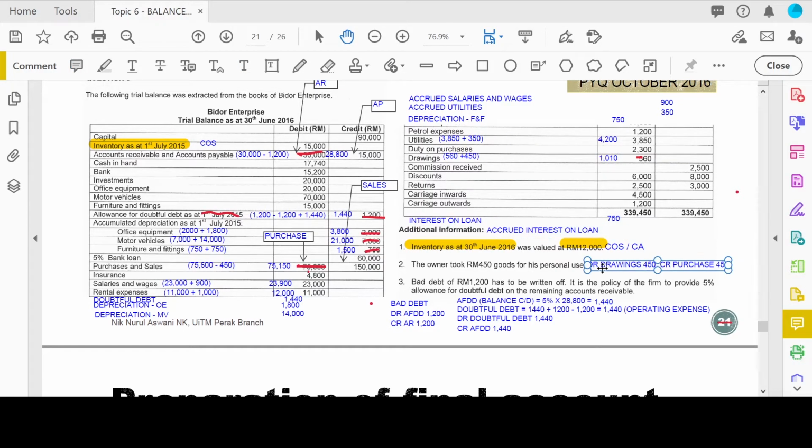So we are going to credit accrued interest on loan, meaning that we are going to put that here, 750.